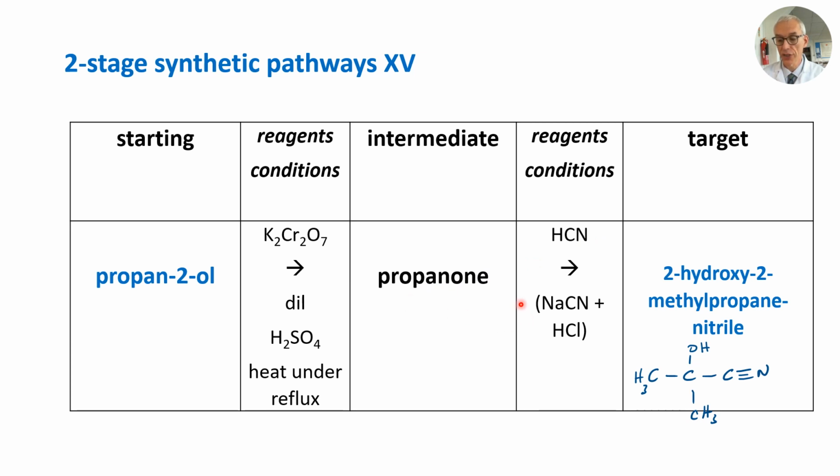The reagents are sodium cyanide and dilute hydrochloric acid. So propan-2-ol to propanone is oxidation, potassium dichromate, dilute sulfuric acid, heat under reflux. So there are the solutions to our first 15 problems.